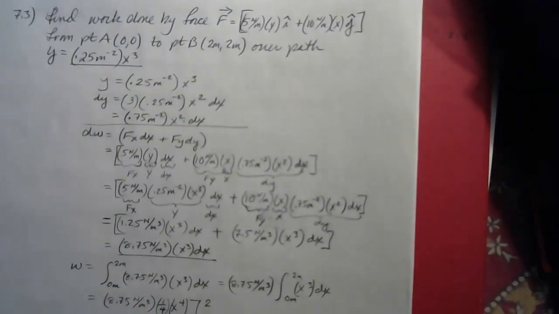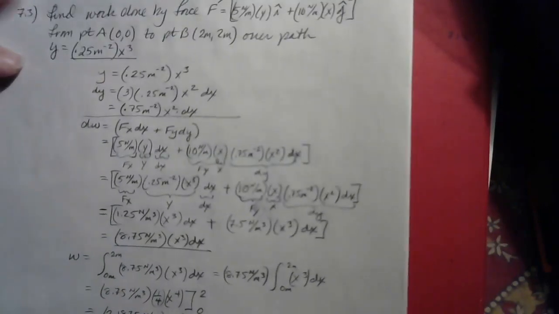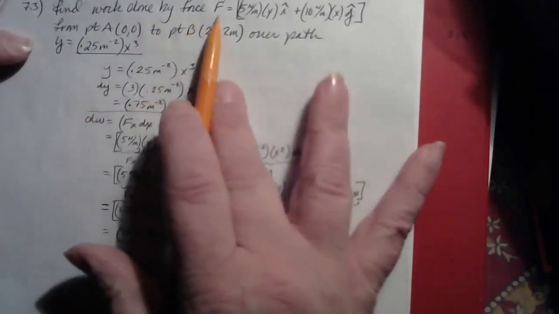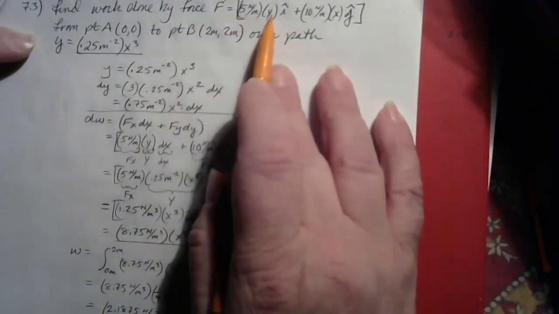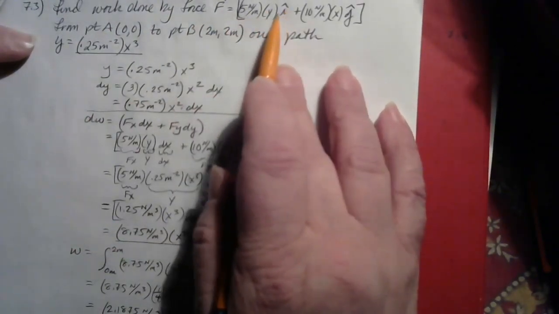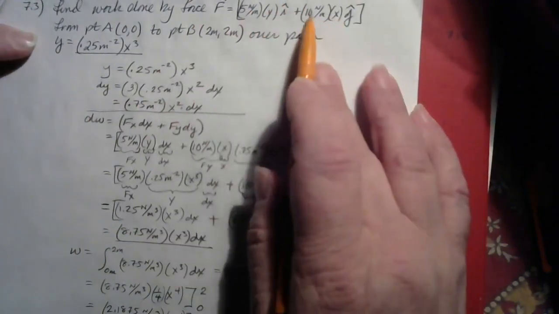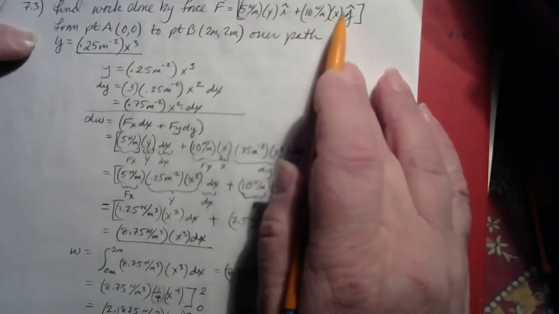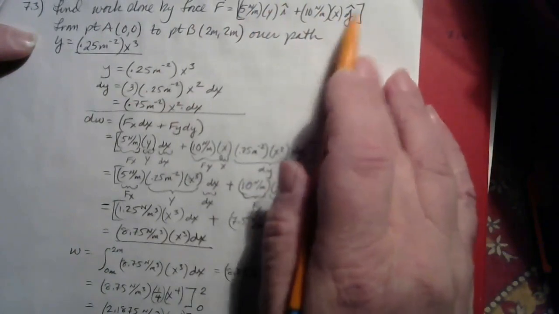Trying another example very similar to that last one. We find the work done by the force that's equal to 5 newtons per meter times y times unit vector i plus 10 newtons per meter times x times unit vector j.